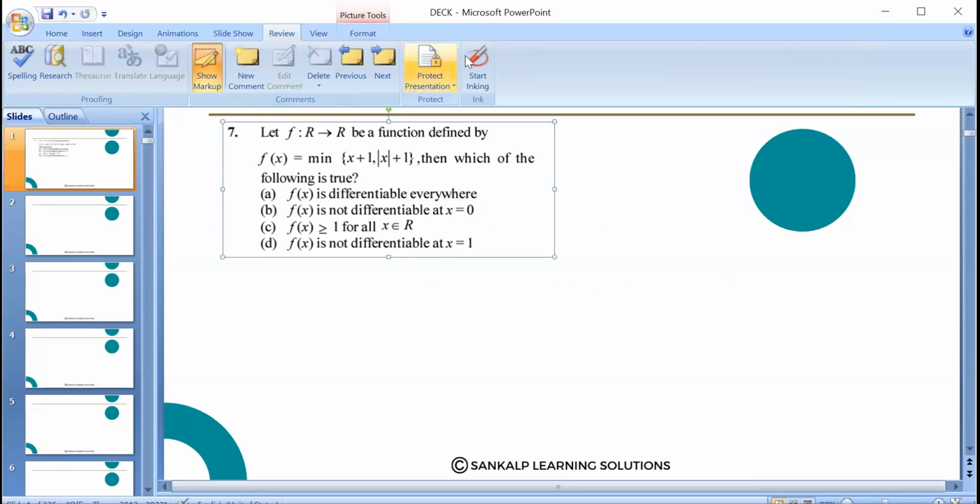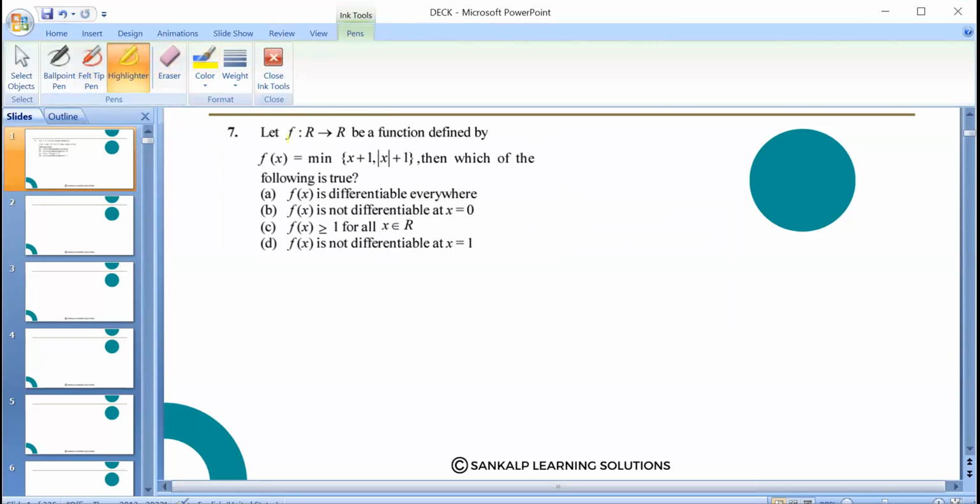So according to the question, f is a function, f of x is given as minimum of x plus 1 and mod of x plus 1. Then which of the following is true? There's something asking about differentiability.